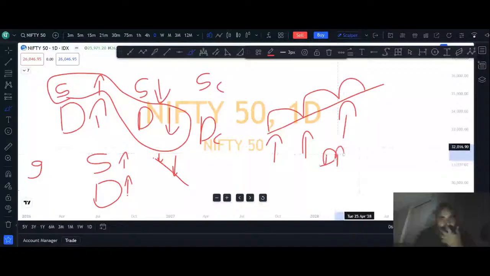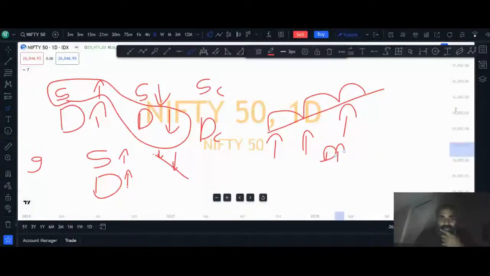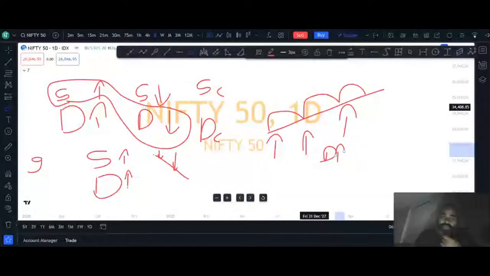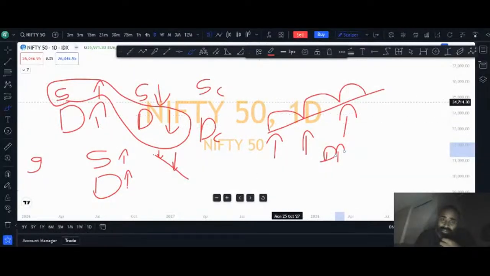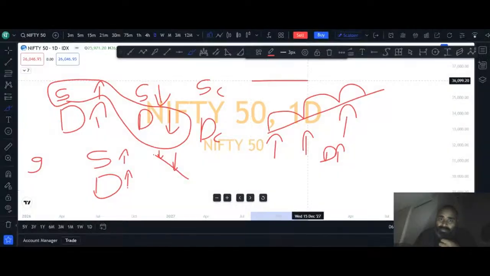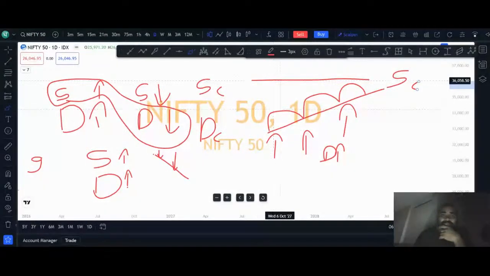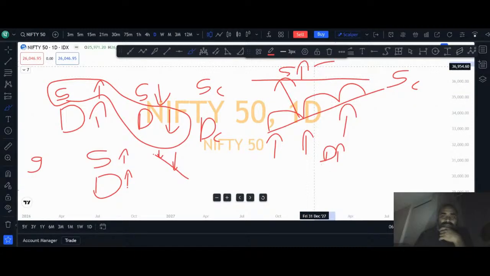If suppose supply is also increasing, see it. Suppose at this place the supply is constant, which means whenever price comes to this level, every time there is selling, because at this place supply is increasing, right? See here, whenever price comes.